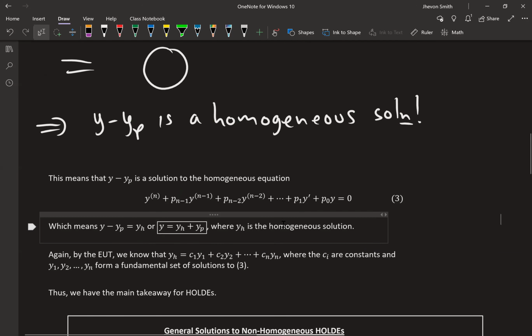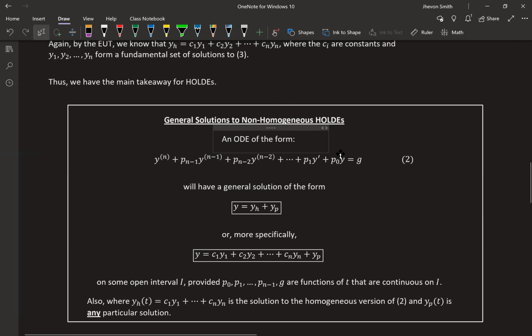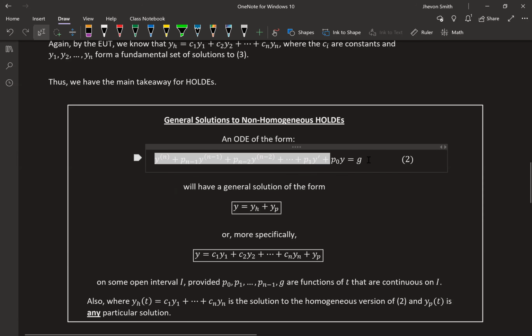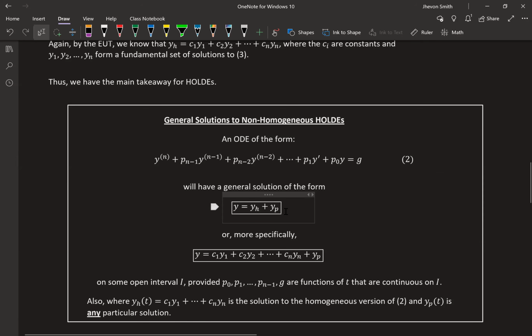And so this is what a general solution is going to look like. And that leads us to this summary right here. That's the main takeaway. If you have a general nth order linear differential equation that's non-homogeneous, the general solution has this form. Or if I spread it out, it has this form.